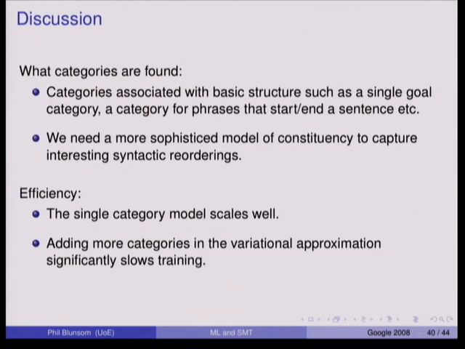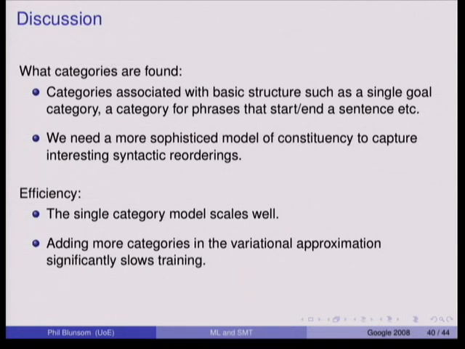So to characterize what's actually going on with these 5 categories, there's very few, so we're not going to see any sort of complex syntax. But we do see that the first thing the model will do when we give it more than one category is allocate a category to the start symbol. So that's the one it likes to allocate first. And after that, it likes to allocate a symbol for the start of a sentence. So we see that a symbol comes to emit all things like the question words, like what, where.